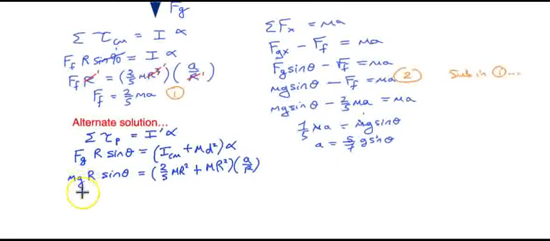So we have mgr sine theta equals, this is going to be 7/5 mr squared times a over r. And we should see that the r's all cancel out. In fact, the m's as well cancel out.